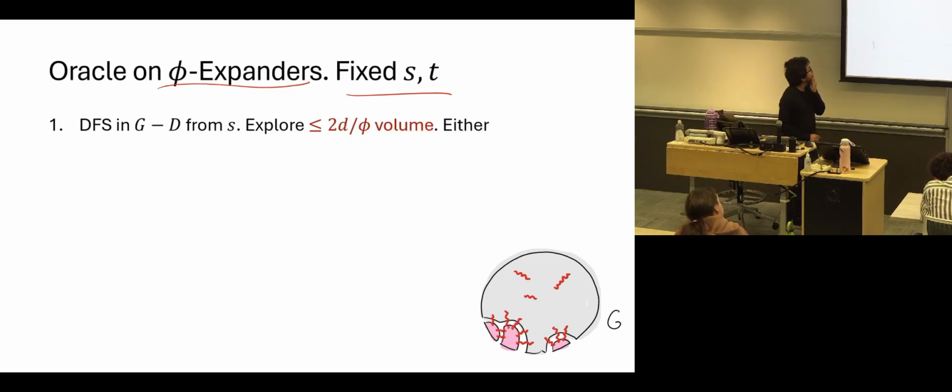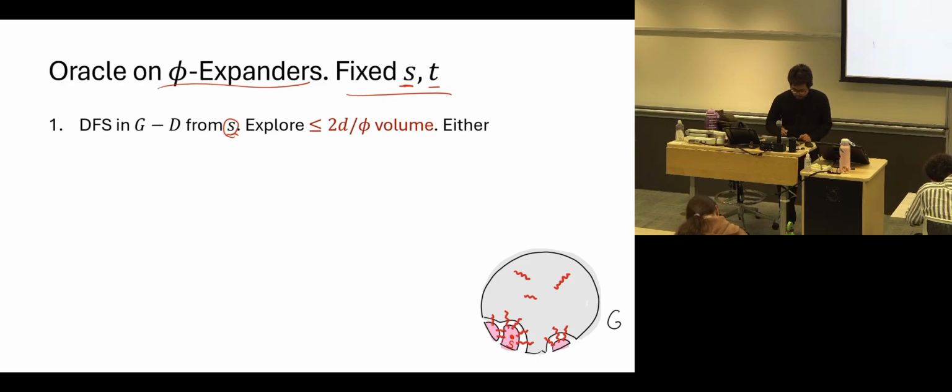Here's an algorithm. S and T are fixed. Let's say S is maybe here.